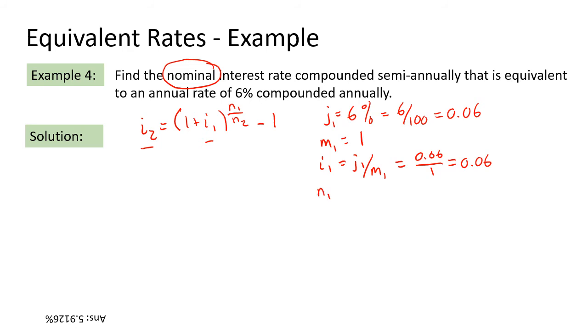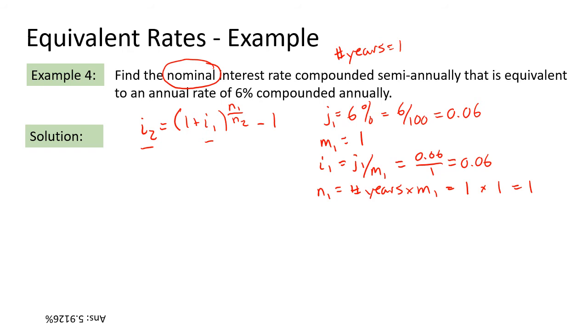For the number of compounding periods for the first one, remember, I didn't give it in the question, so assume that the number of years is 1. So n is equal to the number of years multiplied by the number of compounding periods per year. Both of these are for the first scenario. In this question, the number of years is 1 and the number of compounding periods is 1, so this value is just 1.